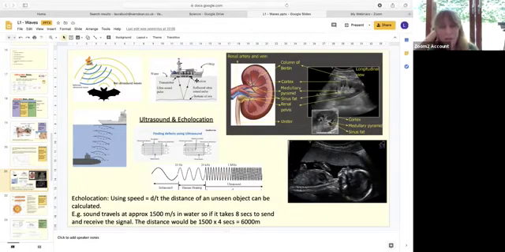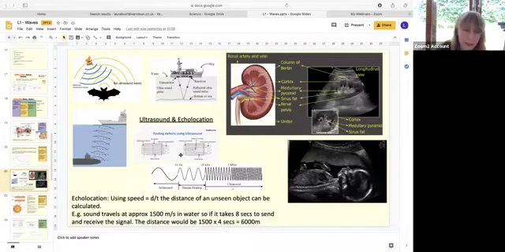You would have to work out depths of things using speed equals distance over time. They would give you some information and you'd have to work out how deep something was. You may have to work out the speed of something, rearranging the equation, but normally it's about working out the depth.